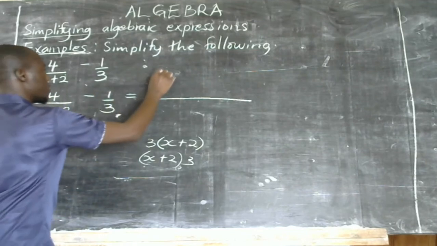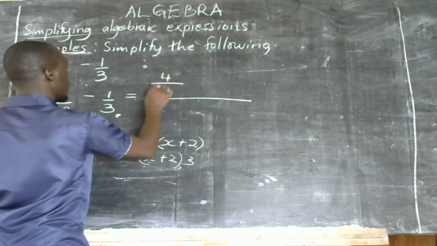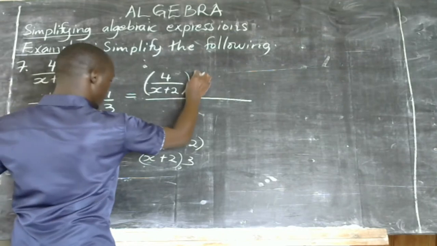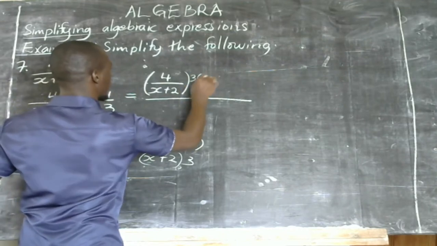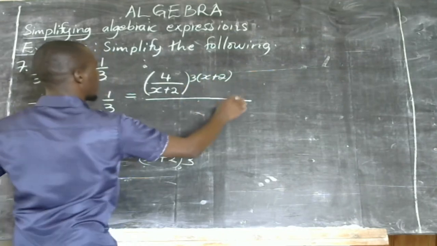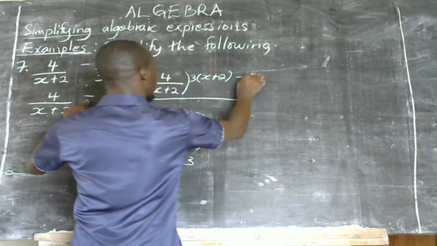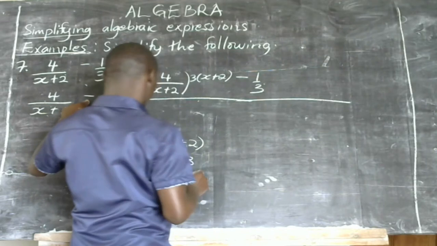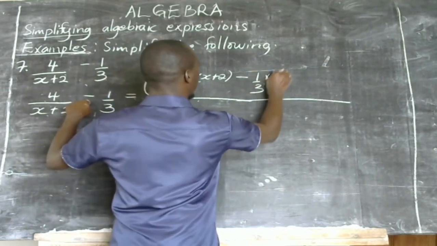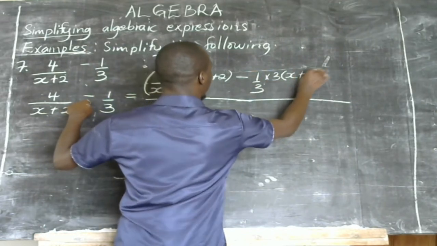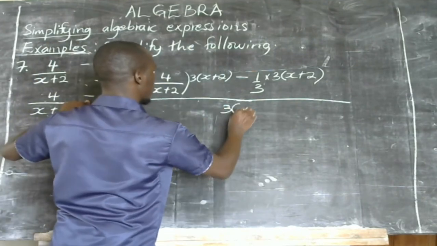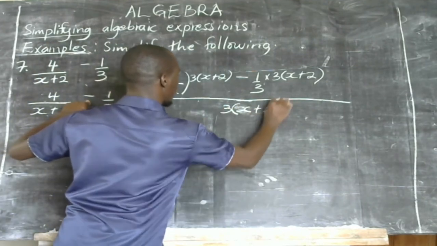So this is the 4 all over x plus 2, then times my 3 into x plus 2, then minus my third times 3 into x plus 2 divided by the 3 into x plus 2.